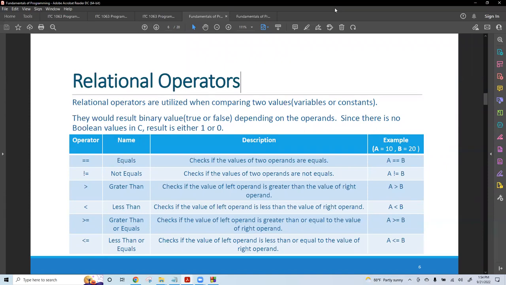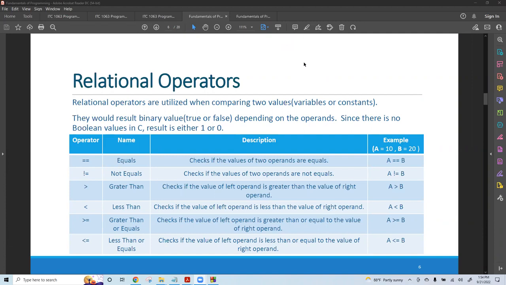I said the relational operators are binary operators. What does that mean? True and false? No, that's not what I meant by binary operators. 1, 0? No, that's not what I mean.